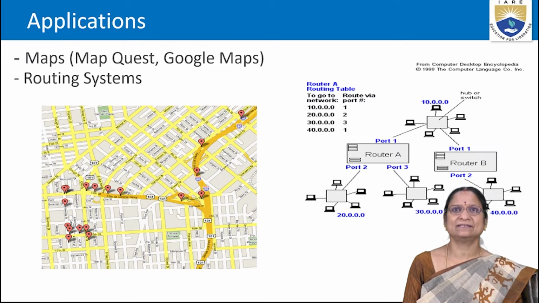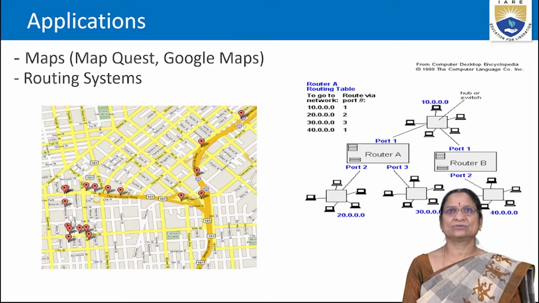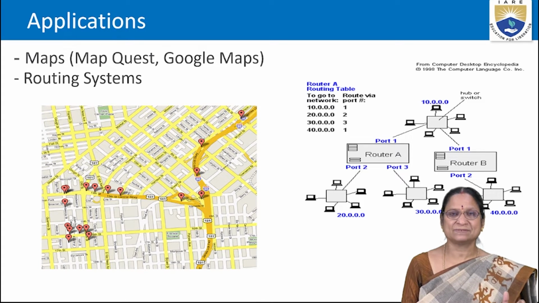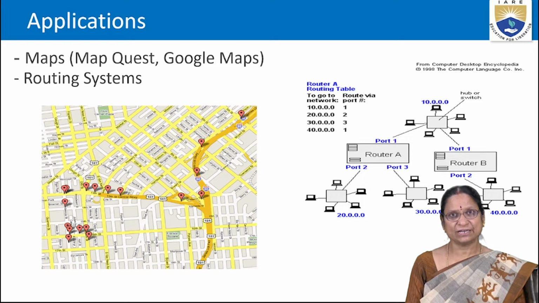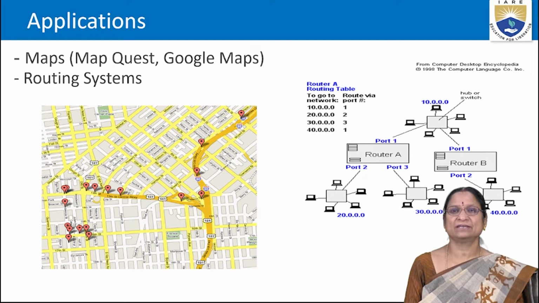There are multiple applications in our day-to-day life, such as routing systems. Routing means that from any particular place, we have to find the shortest distance to other places, for example by using Google Maps. Another routing system is communication in networks. In networks also we have to communicate, and you can consider broadcasting as one application.